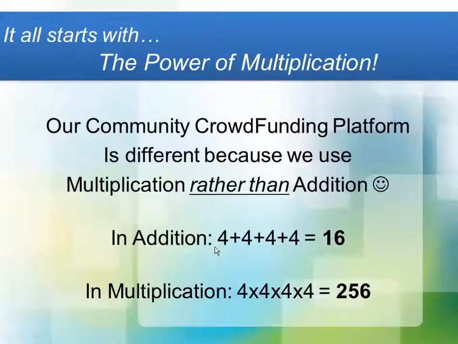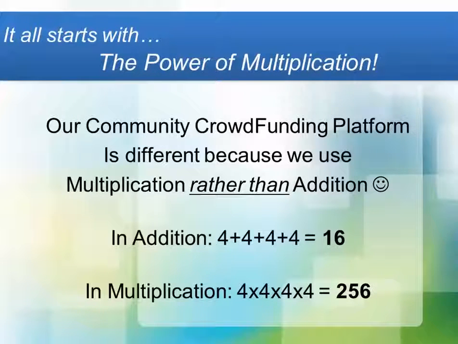If you have a project up on a normal crowdfunding website and you find 4 people in this example who would like to make a donation, and then find another 4, and then through your advertising and efforts another 4, and then another 4, you've received 16 donations towards your project.